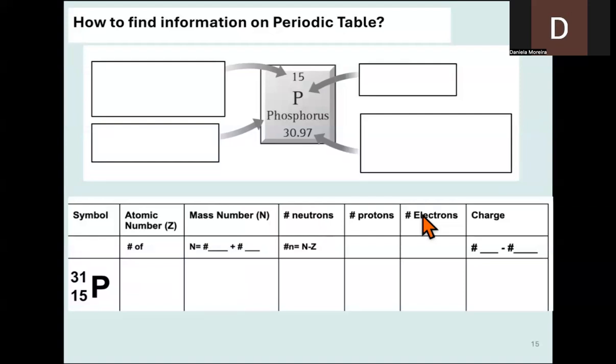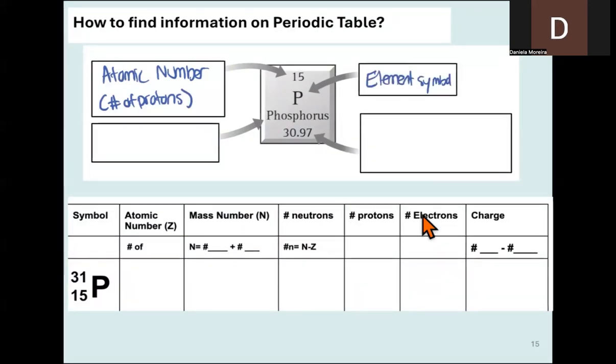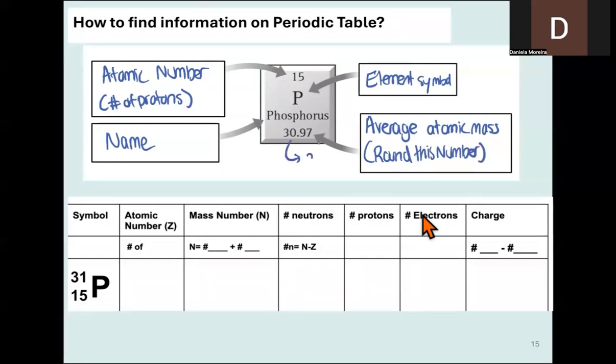Up top, we have the atomic number, and this tells us how many protons. Here we have the element symbol, the name. And lastly, this is called the average atomic mass. For the purposes of this class, you're usually going to round this number. So in this case, this will be rounded to 31.